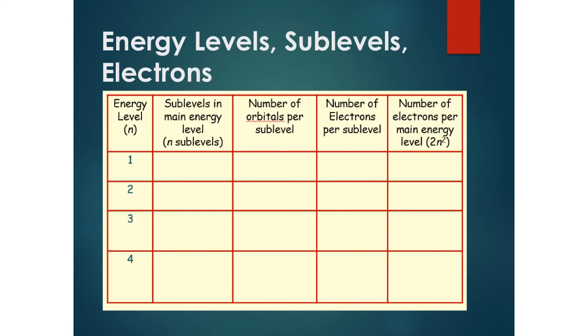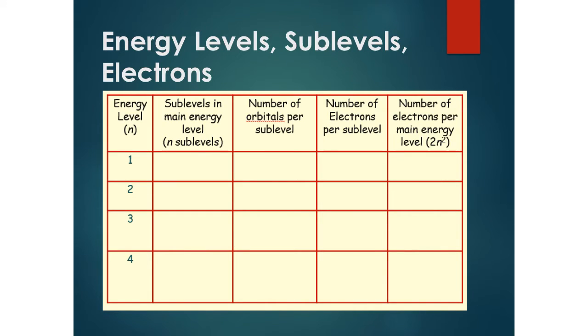So now we're going to go through some of that stuff in more detail, but I'd like to start with an example. Honestly, it looks a little crazy at first, but it's pretty straightforward and you'll get the hang of it after doing a couple of examples. All right, so first energy level just has 1 sublevel.